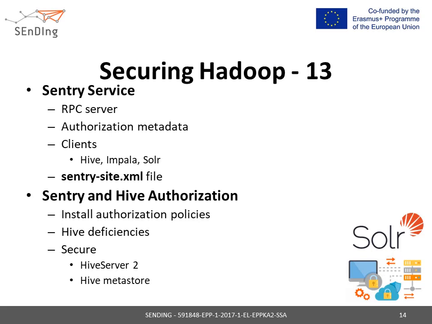Using Sentry, you can ensure that all HiveServer2 contacts are authorized and also that users must use HiveServer2 to work with Hive databases. In summary, when configuring Sentry authorization for Hive, you must secure both HiveServer2 and the Hive metastore.